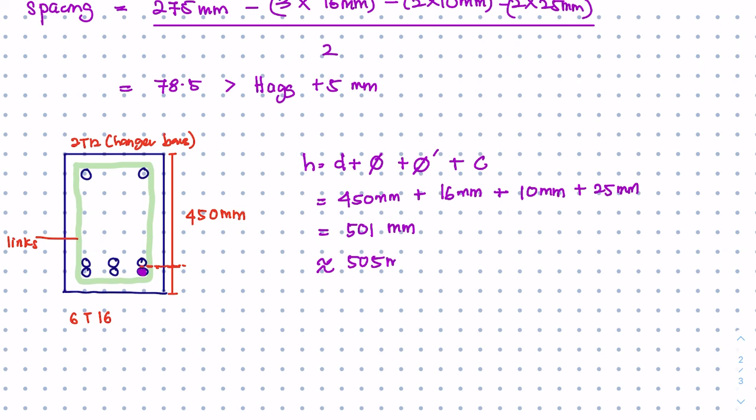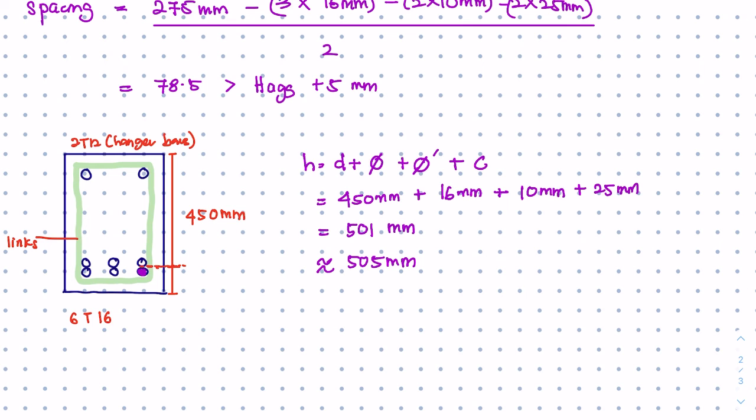Macam mana pun you kena round up. 501 ni minimum sebab you ada 25mm concrete cover. Means kalau you letak, you round it down to 500, nanti concrete cover you hilang 1mm. Okay, concrete cover jadi 24mm je. Okay, that's why kita tak boleh round down. Better lebih daripada kurang. So I letak sini 505. If you want to put 510 also can. Tapi jangan lampau-lampau lah letak sampai 600, sebab kalau 600 nanti concrete cover punya tebal.